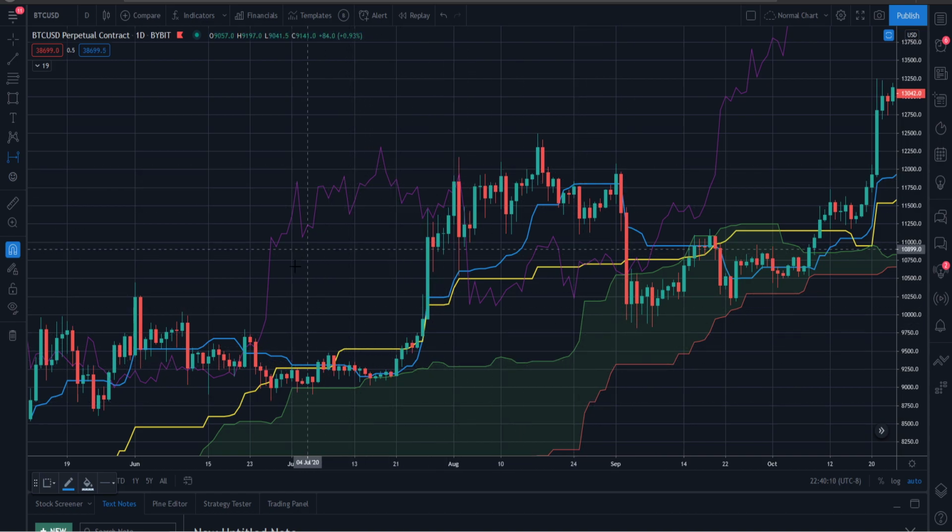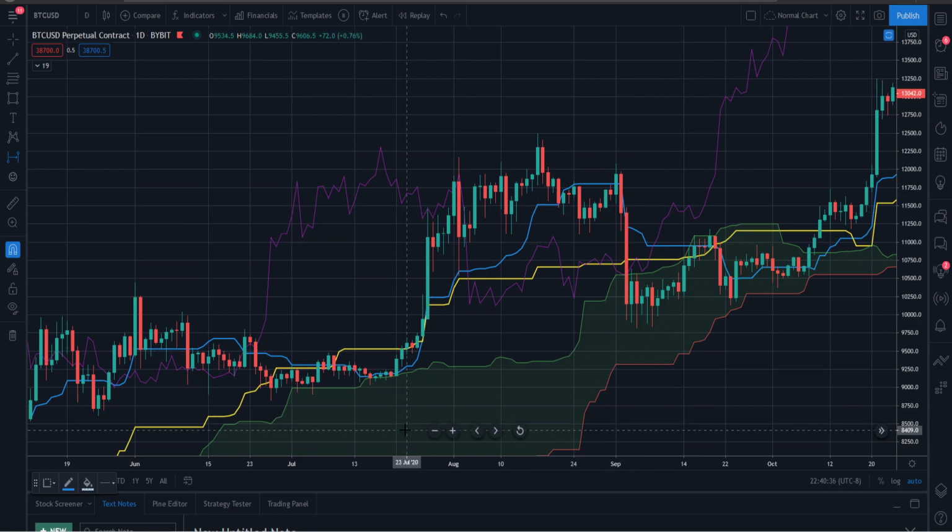And then you have your purple line here, which some people use, some people don't, but I happen to find that it's really important in some of the setups that I take. That's called your Chikou span. So that's the basic lines that you have. Their support, resistance, they all interplay with each other in this system.